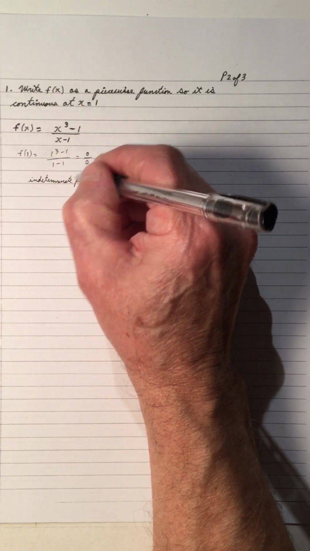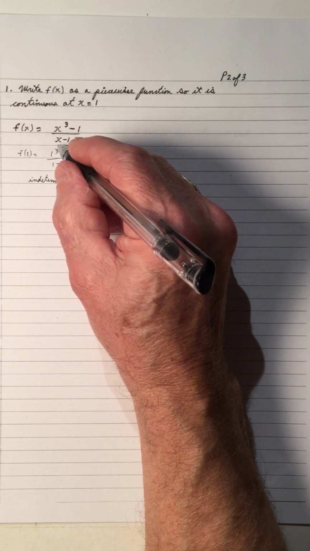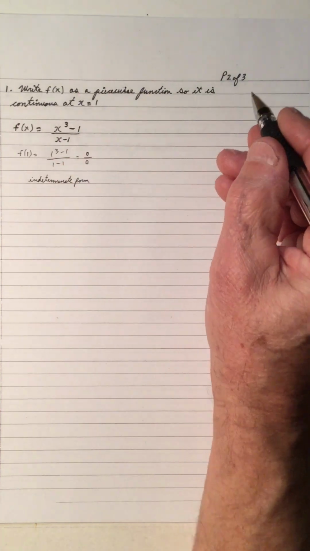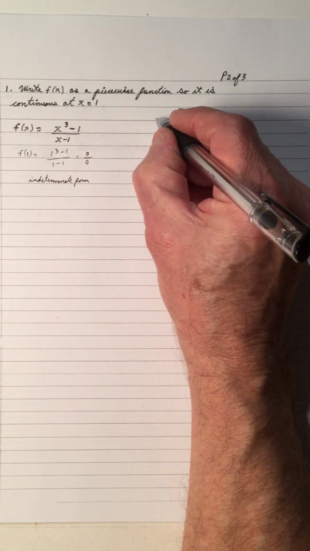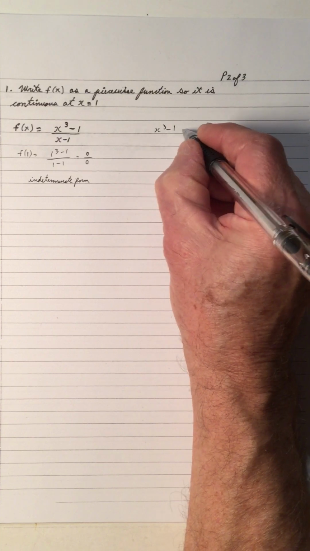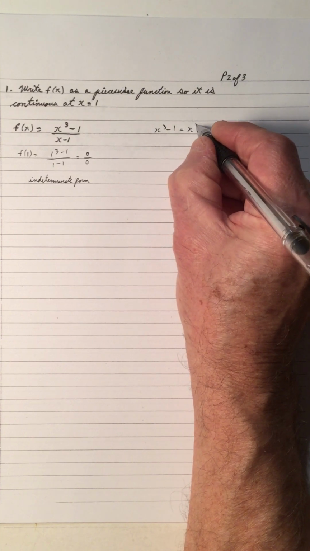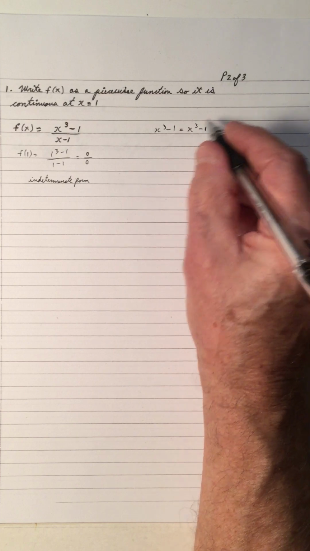Because it's 0 over 0, we have an indeterminate form, so we have to see if we can remove the x minus 1. On the top we have x cubed minus 1, which is the same as x cubed minus 1 cubed. That's the difference of two cubes.